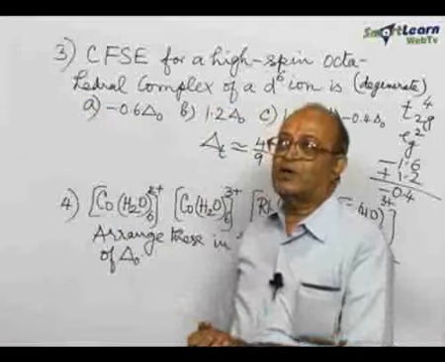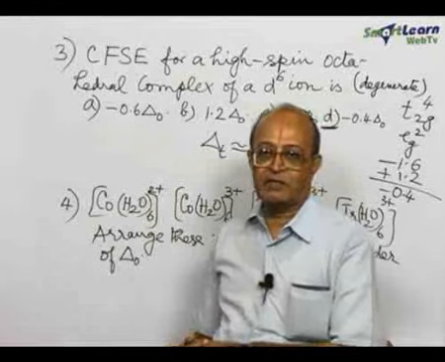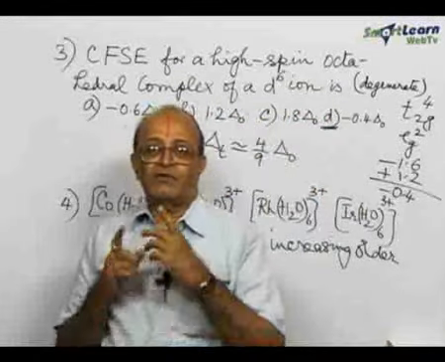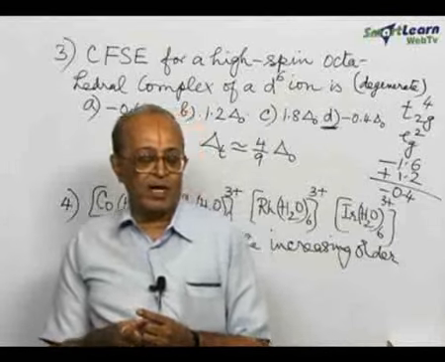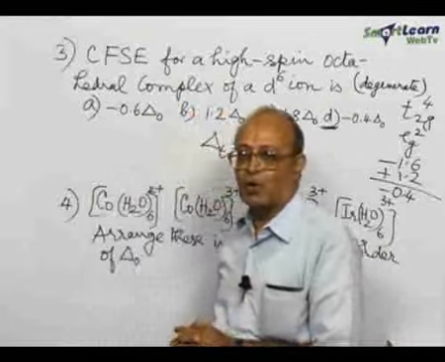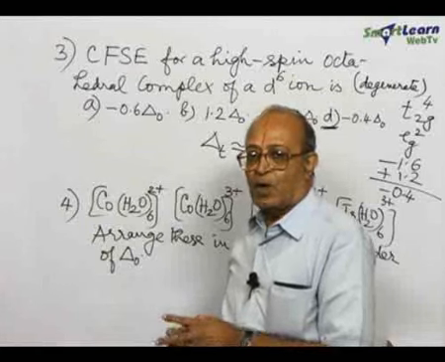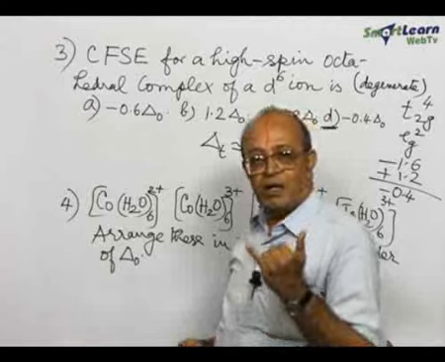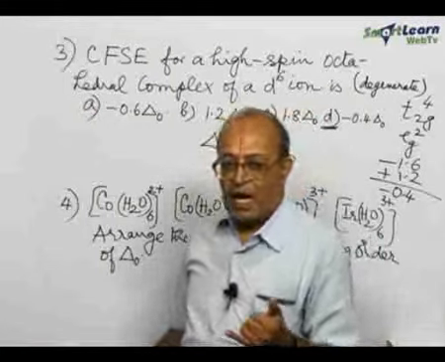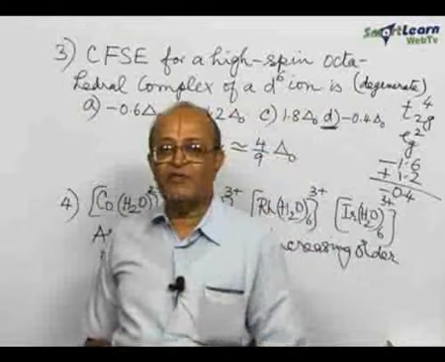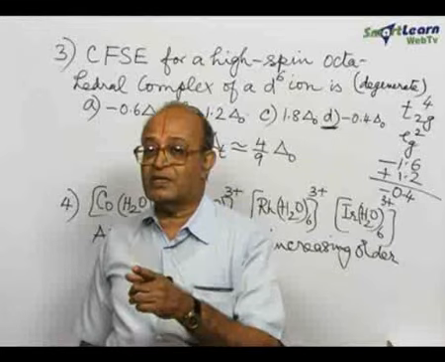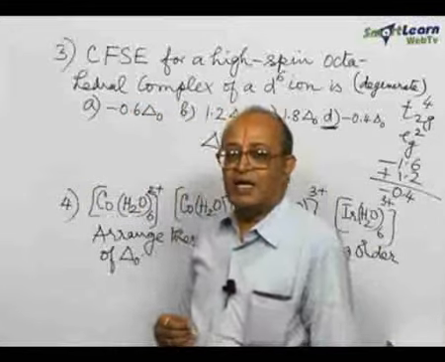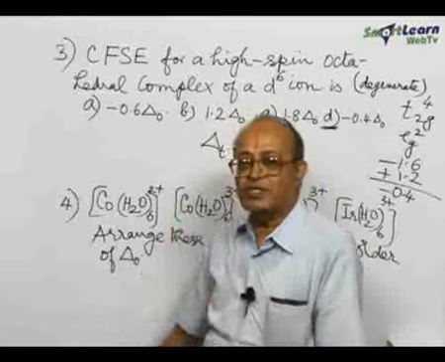All right, we have to consider 3 points mainly. One is, for finding out the changes in delta O, what are the contributors? Number 1, nature of the ligand. As the ligand varies, keeping the central metal ion the same, if you change the ligands, delta O values will change.